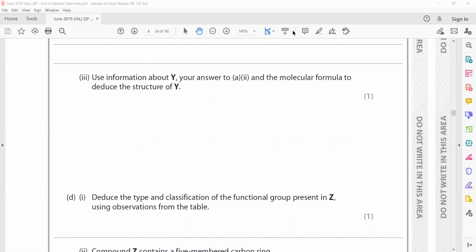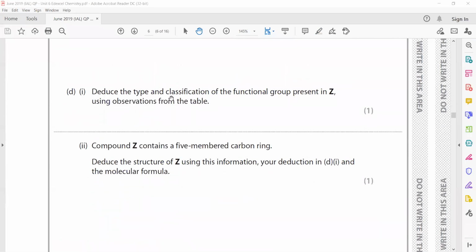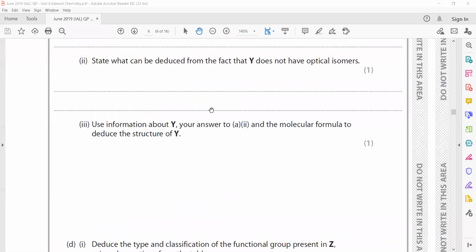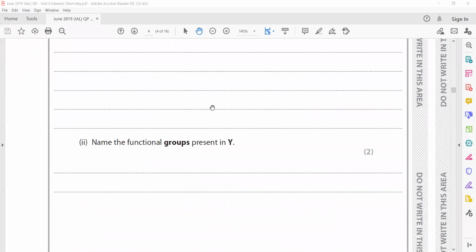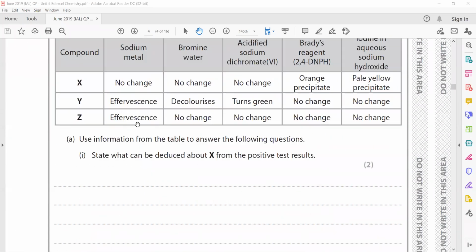Then the third one: deduce the type and classification of the functional group present in Z using the observation from the table. What we can say from the table, if it is giving effervescence, bubbles, it means the OH group is there and nothing else than this one.